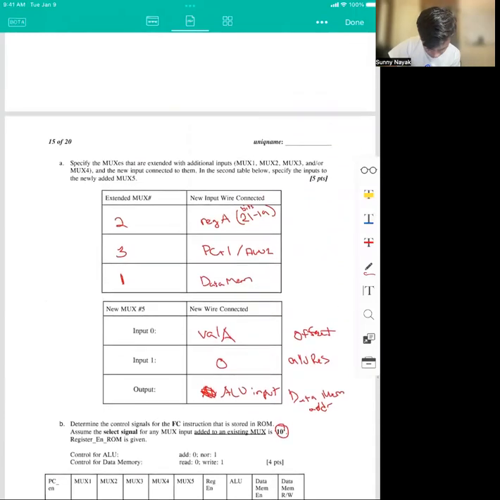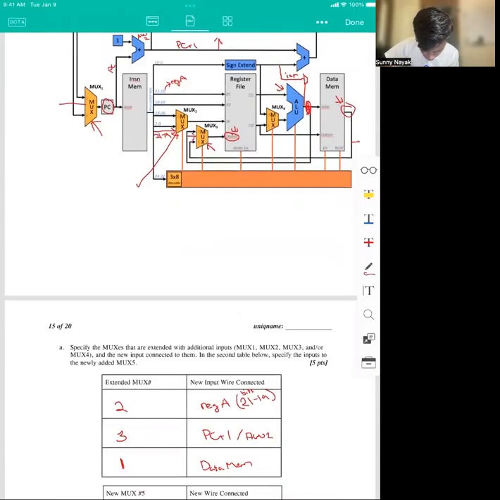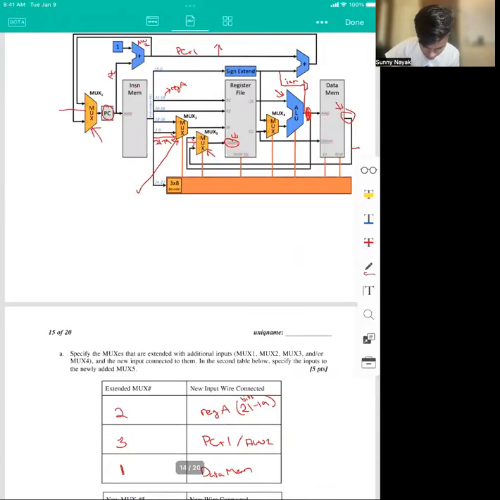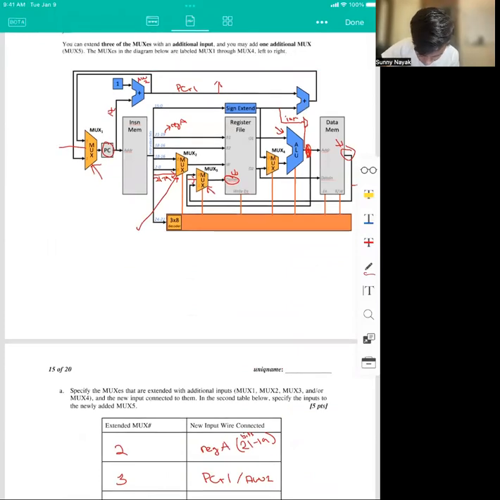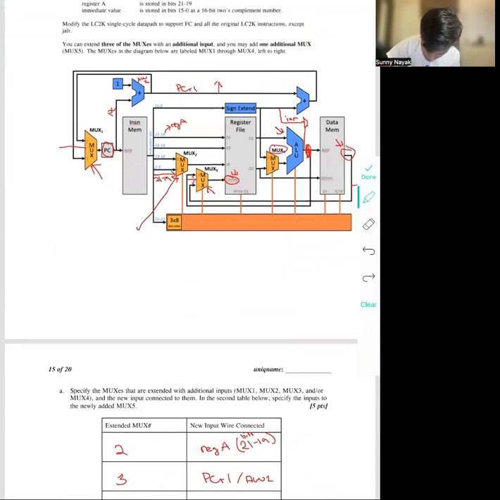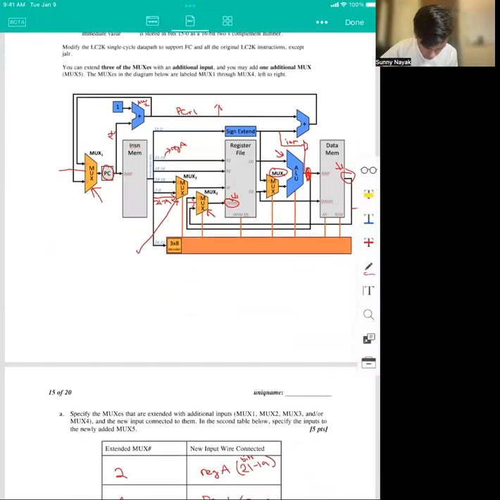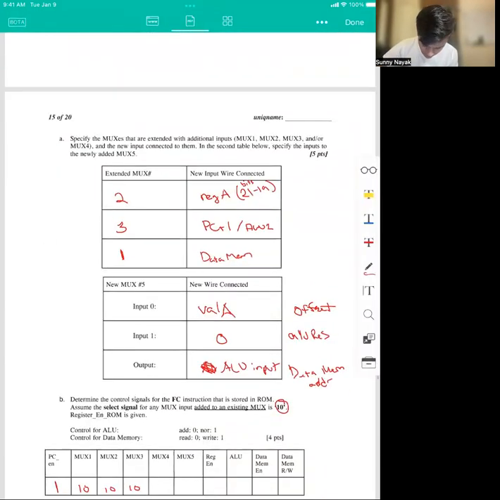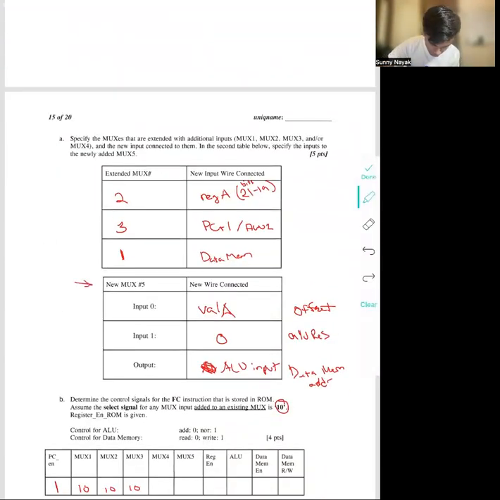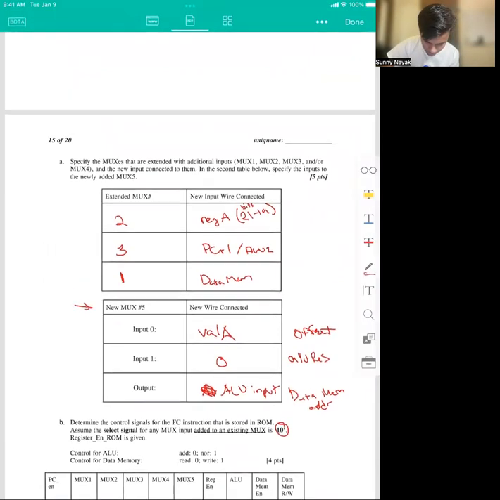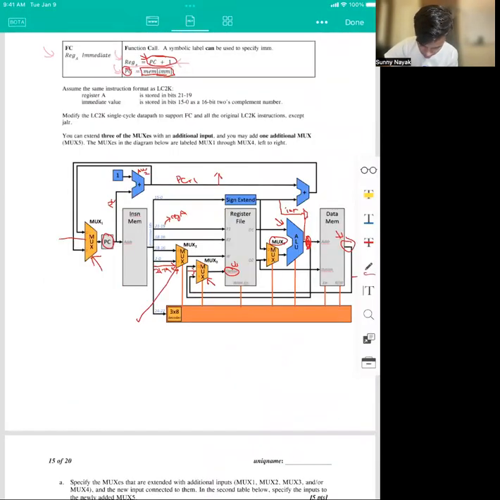Next, we have mux4. So mux4 is going to be this one right here. And so let's assume for this question, we are going with our original solution for mux5. So we're going to have our mux5 inserted.